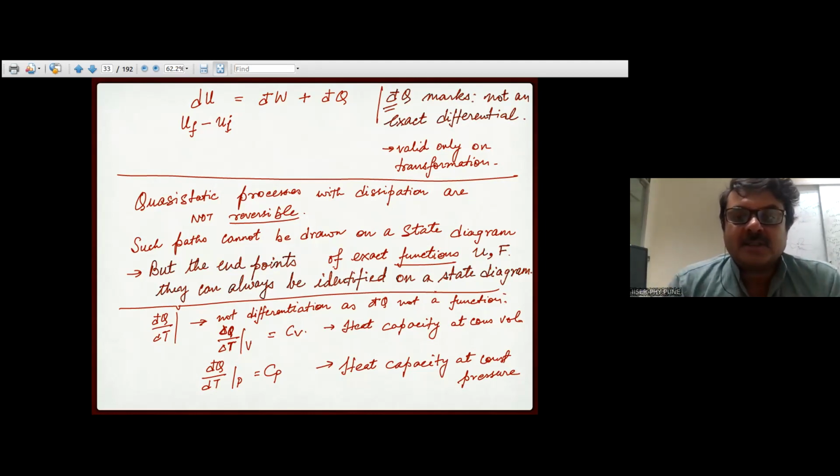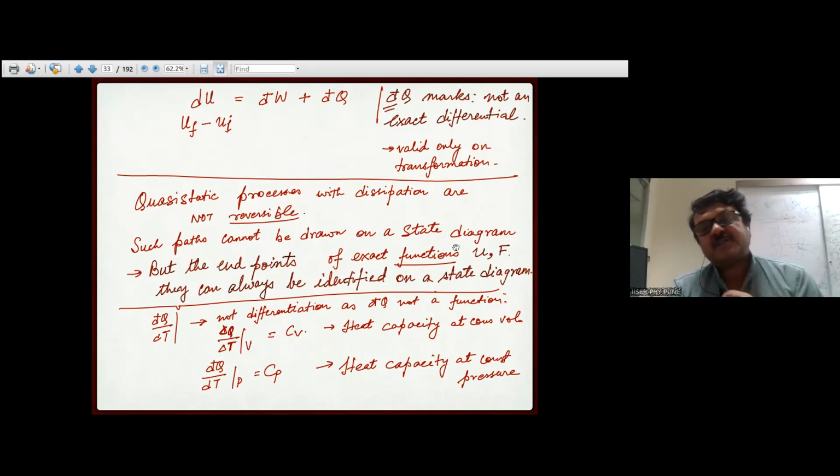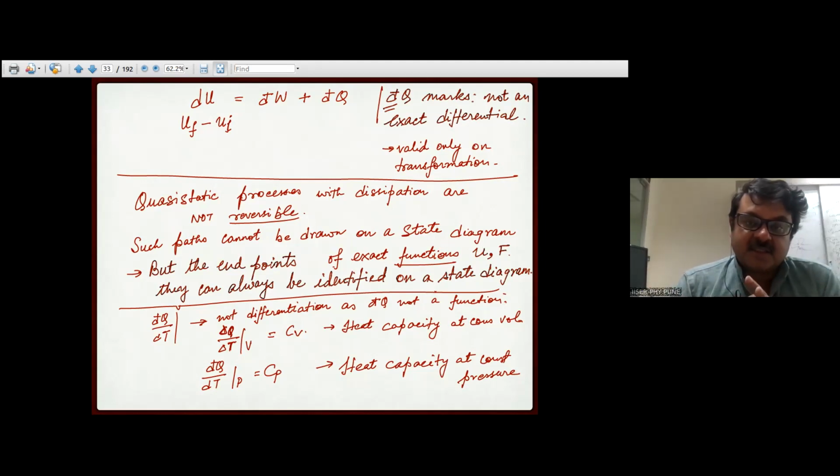right? So quasi-static processes with dissipation are not reversible. However, quasi-static processes without dissipation are reversible. And these processes, especially non-reversible quasi-static processes, cannot be drawn on a state diagram. Because you can take different paths, and you can also change things in non-equilibrium conditions.